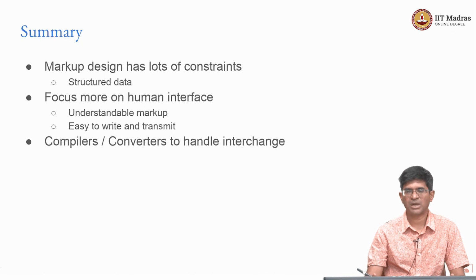And over here, Markdown and the similar kinds of text based languages are very powerful because they make it easy to use. The fact that there are converters that handle the various kinds of interchanges just means that they have now become a very popular way of approaching this whole markup problem.